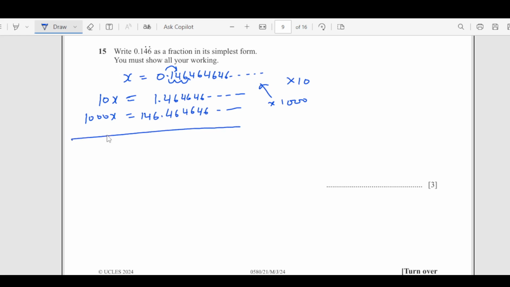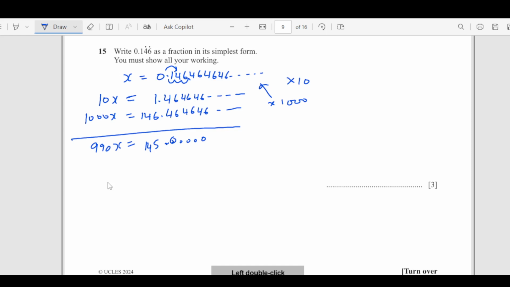Now you see the right hand side became the same. So now we are going to subtract the first equation from the second one. So 1000 minus 10 is 990x, and the right hand side decimals will all become zeros, and then this is 145.